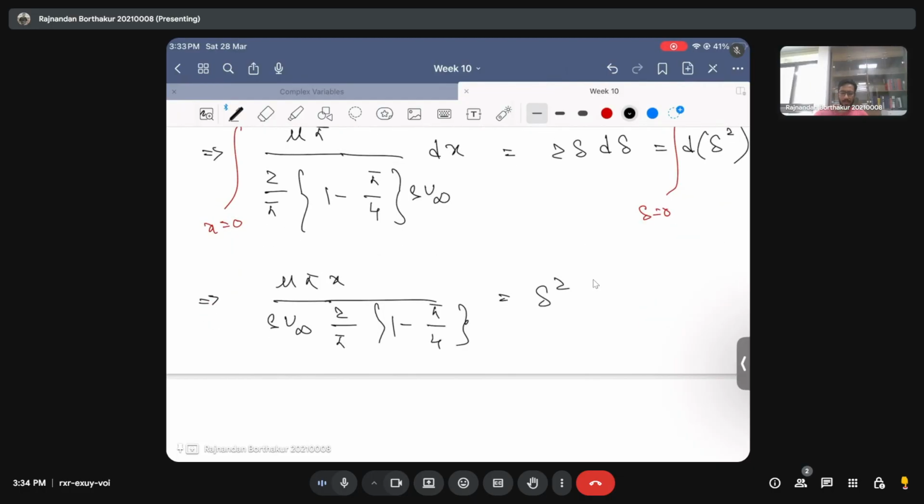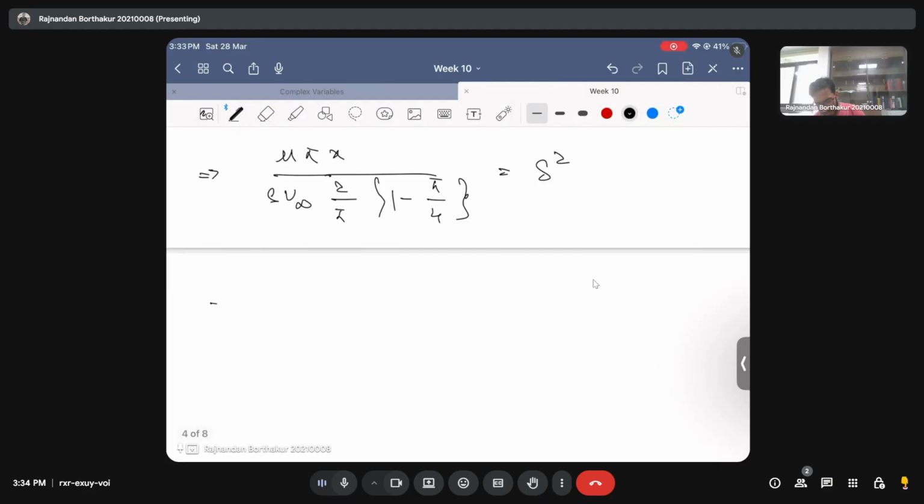So we have some hint of how delta varies with x. Let's see if I'm doing things correctly or not. I think it's correct.